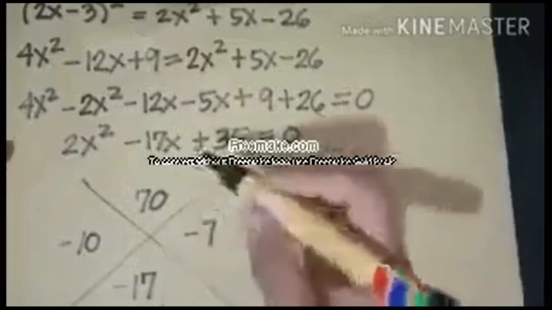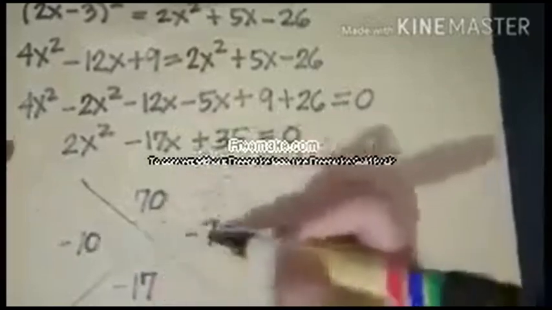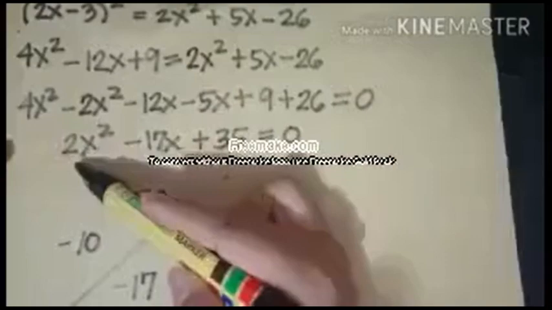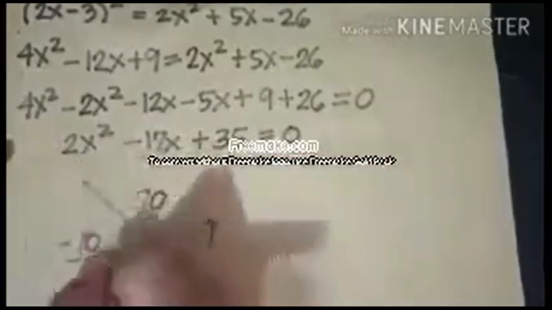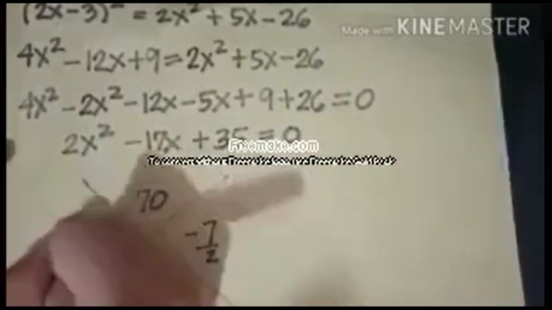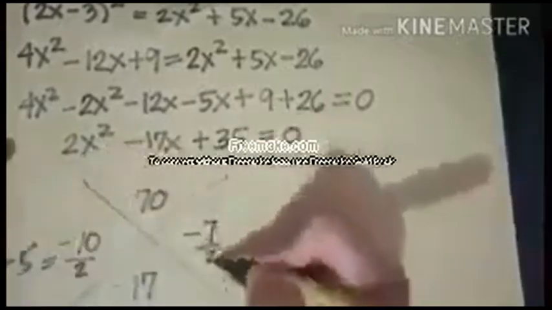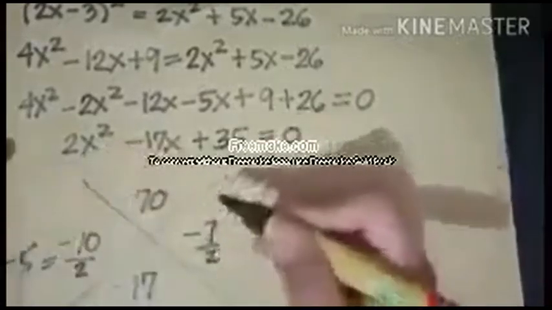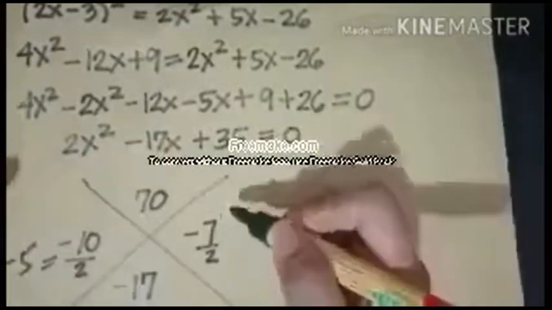So, next, we are going to divide the factors by the value of A. So, we are going to divide it by 2. So, negative 10 divided by 2, so you have negative 5. Negative 7 over 2 is negative 7 over 2.